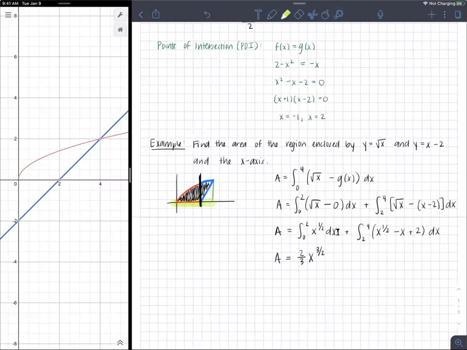And remember, this 2/3 is canceling out that 3/2 that would come down when you take the derivative of this, right? And then you're going to evaluate that from 0 to 2. Here, again, same antiderivative, 2/3 x to the 3/2 minus 1/2 x squared, plus 2x. Evaluate that from 2 to 4.